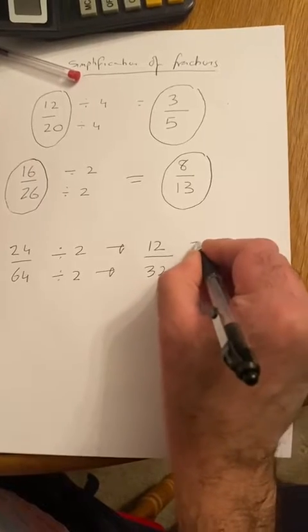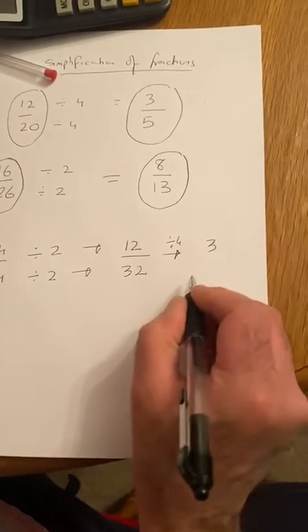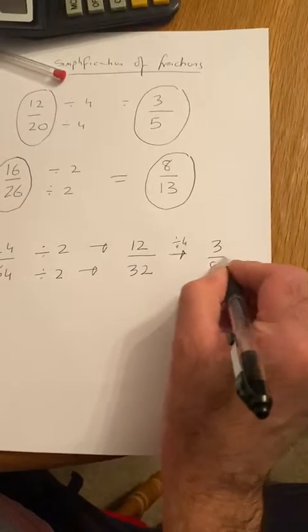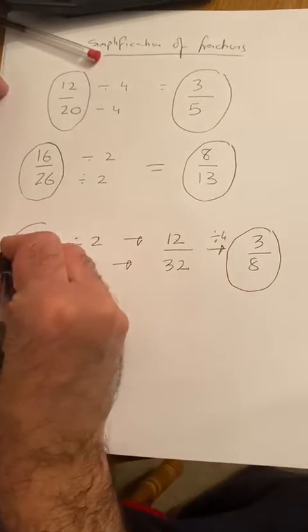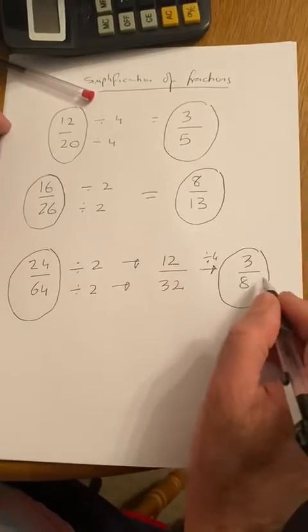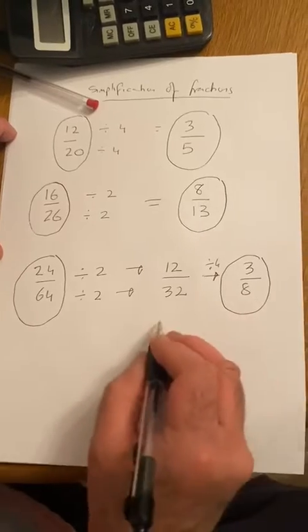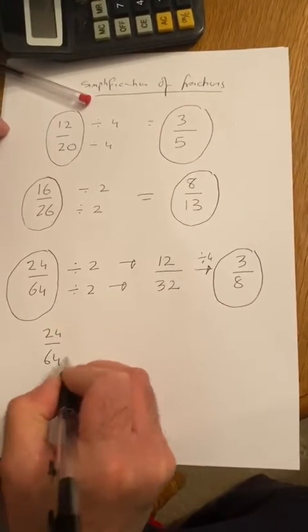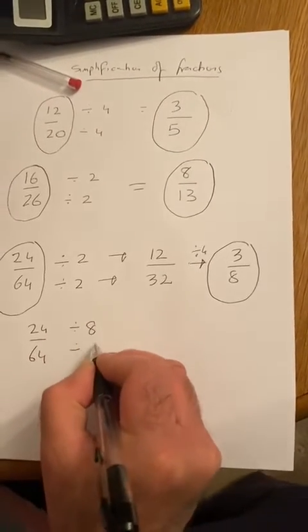We're dividing by 4 now. 12 divided by 4 gives 3, and 32 divided by 4 gives 8. So we now have the simplest form of the original fraction, because we cannot divide or cancel it down any further. We could have done this in one step by choosing to divide by 8.